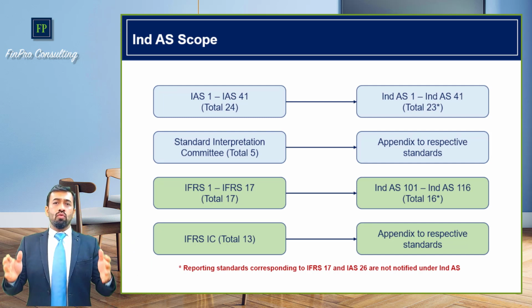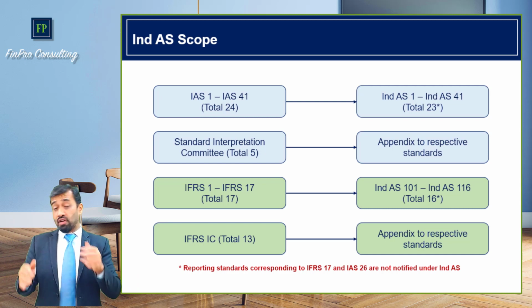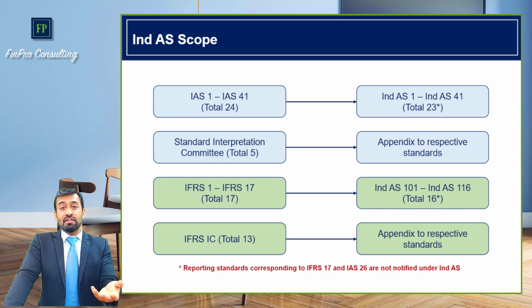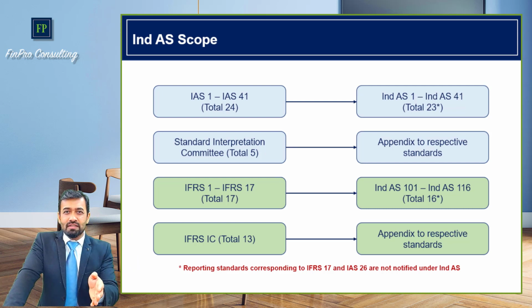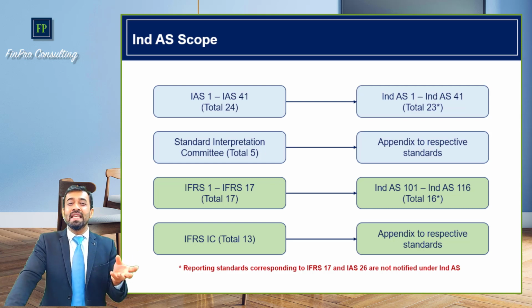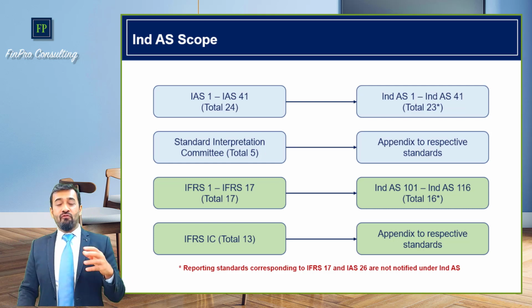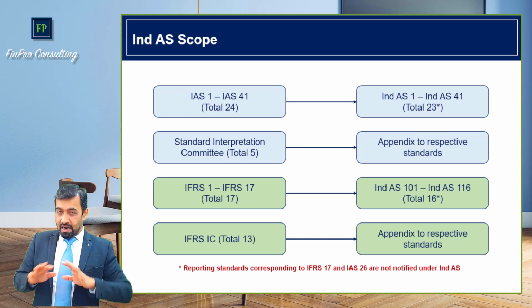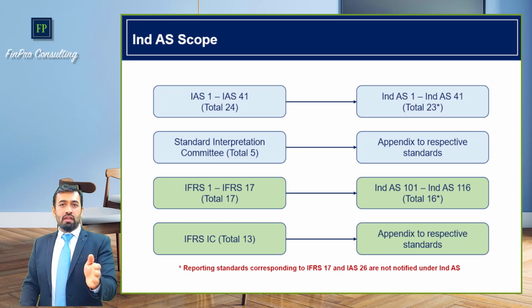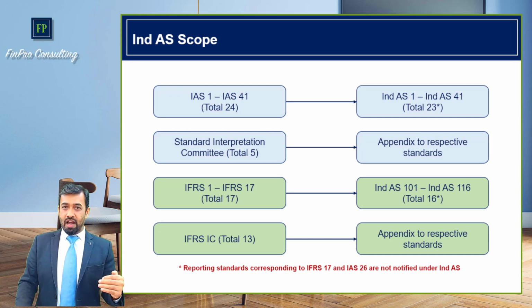This is how the Ind AS numbering has been structured. A lot of times people have asked, do we need to study 116 accounting standards? Absolutely not. We have 39 accounting standards. It's just that the number series is different, and that's why we feel that there are more than 100 standards. Not at all. There are only 39 accounting standards under Ind AS.